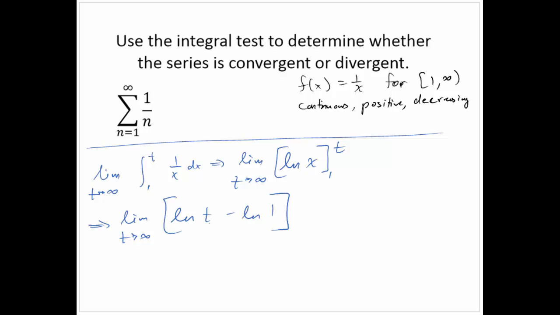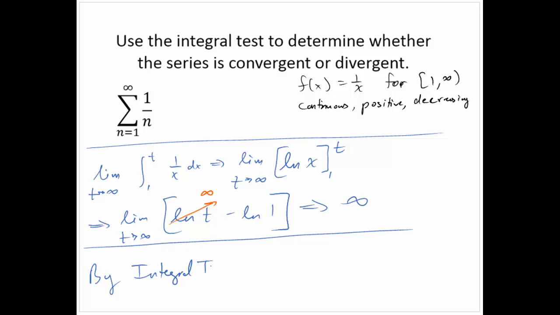As t approaches infinity, the natural log of t approaches infinity. Natural log of 1 is 0, and so this limit approaches infinity. So by the integral test, sigma n equals 1 to infinity of 1 over n diverges.